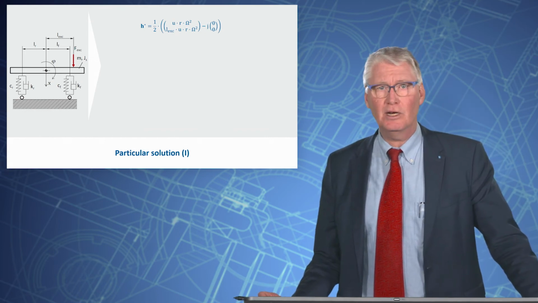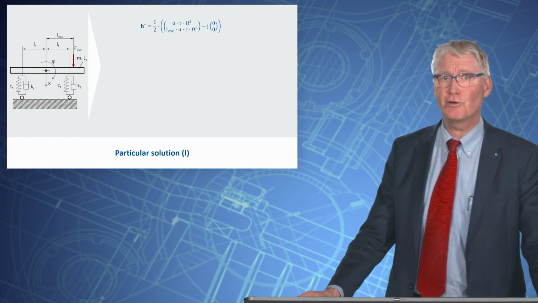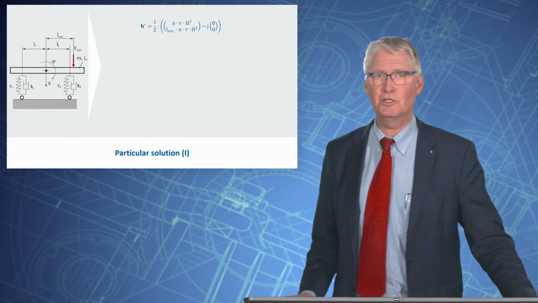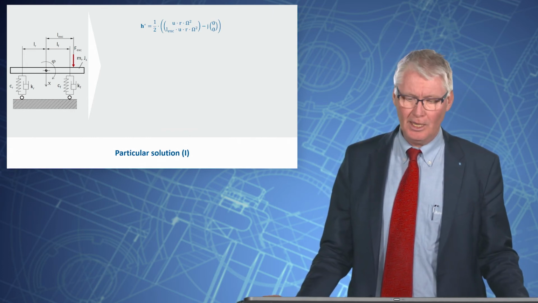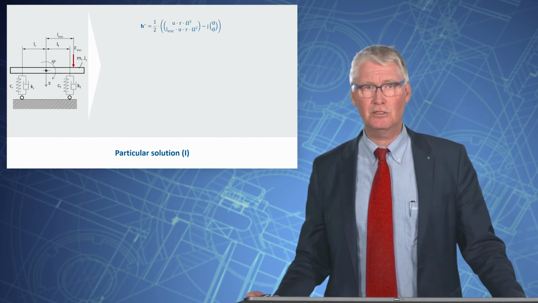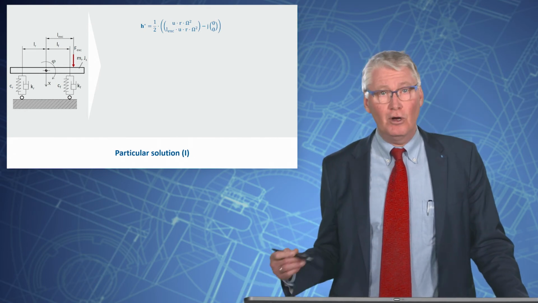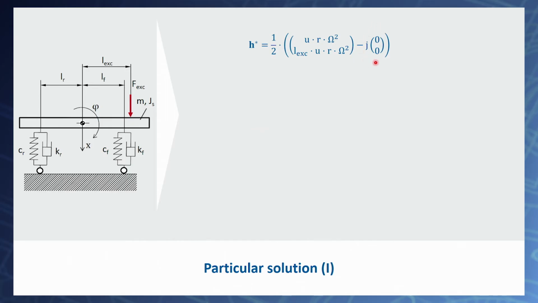We are directly jumping from the real notation of the right-hand side of the inhomogeneous equation to the complex formulation. And in order to keep our equations fit for future systems, we are also considering, even though it is not yet the case for this model, an imaginary part in the complex excitation vector h star.